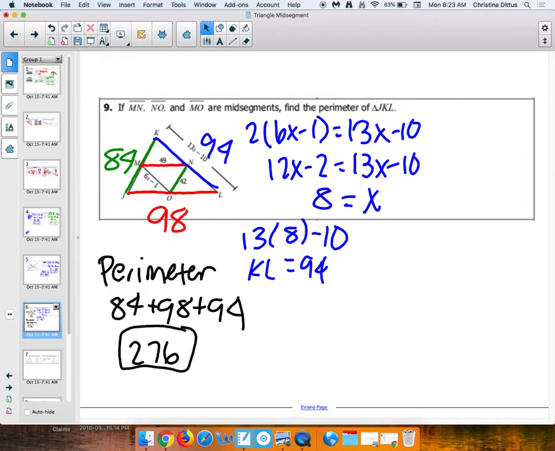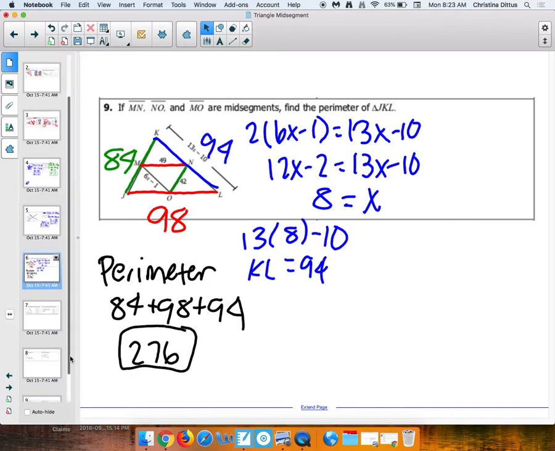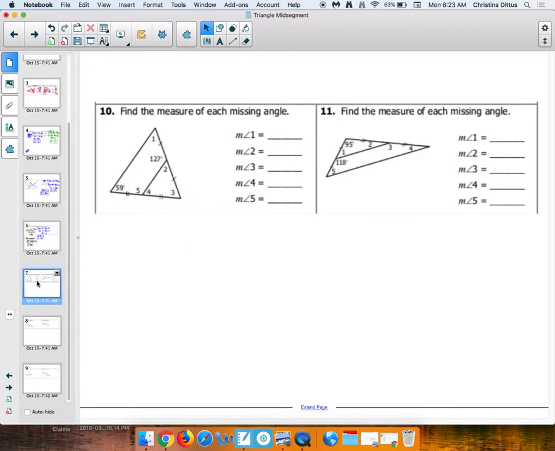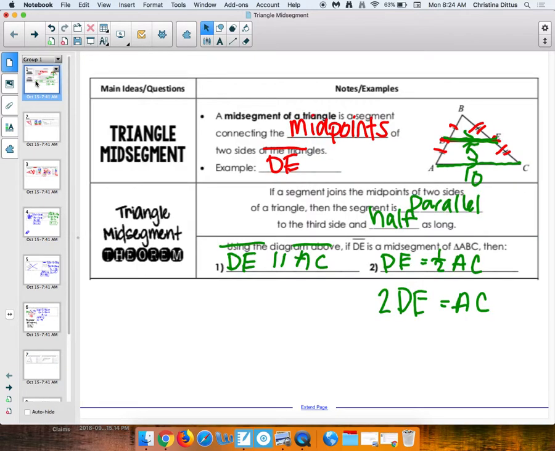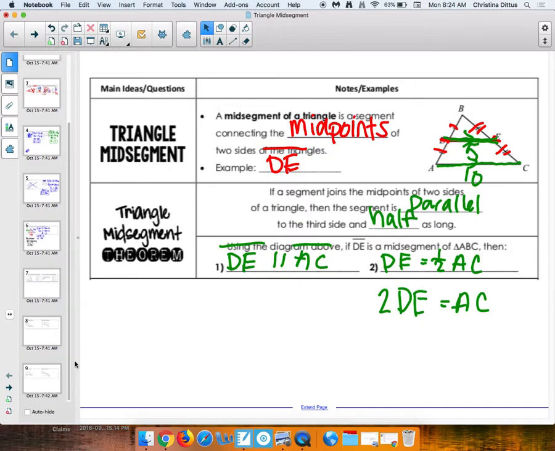Okay, questions on finding the side lengths of mid-segments? Good on sides? Okay, last thing we're gonna talk about are the angles. Way back, the first thing, we said that it is parallel, okay?